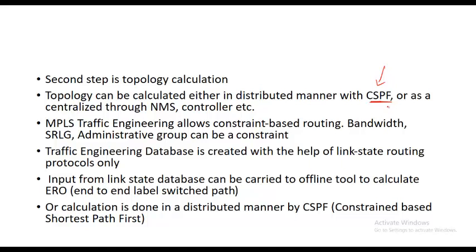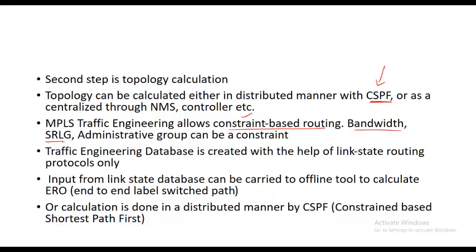Traffic engineering database is carried with the help of link state routing protocol only. I repeat. When you enable traffic engineering, you will be using one of the link state routing protocols.